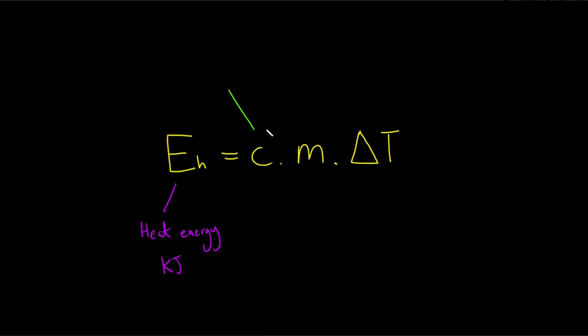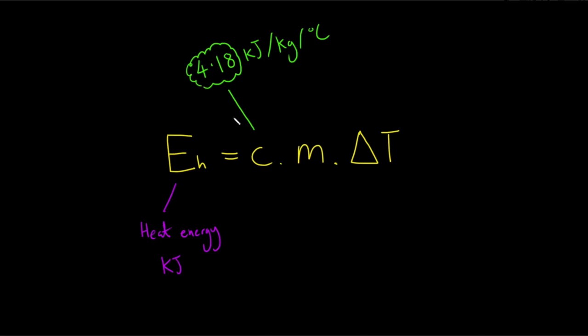And C is the specific heat capacity of water. Now it has a value of 4.18 kilojoules per kilogram per degrees Celsius. Now don't worry about the units, okay? What we're concerned with is the number.